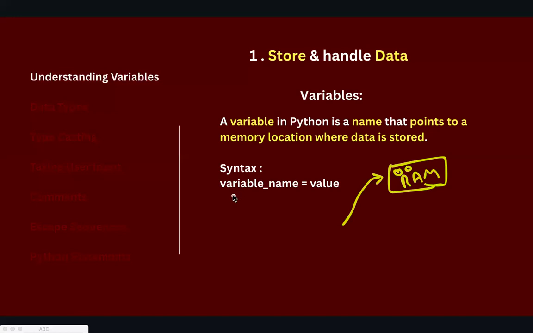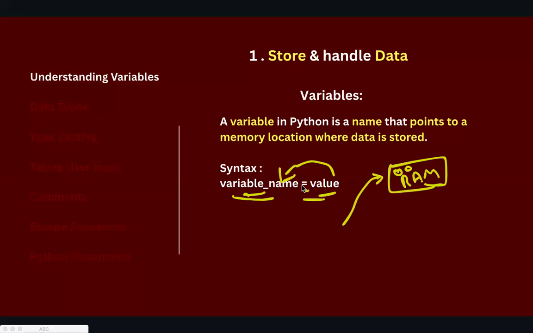So this is the syntax of writing a variable name, assignment operator, and the value, the data that you want to store, that you want to align with this variable. A clearer definition of a variable will emerge as we progress in the class.